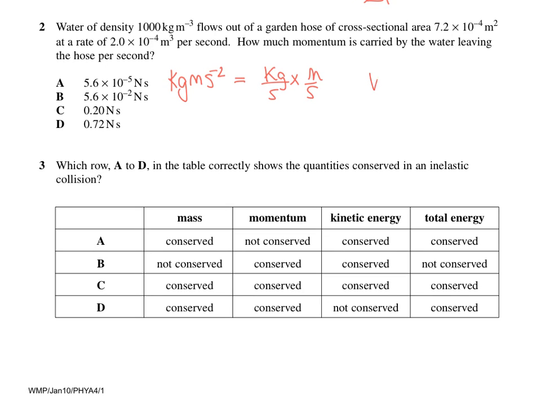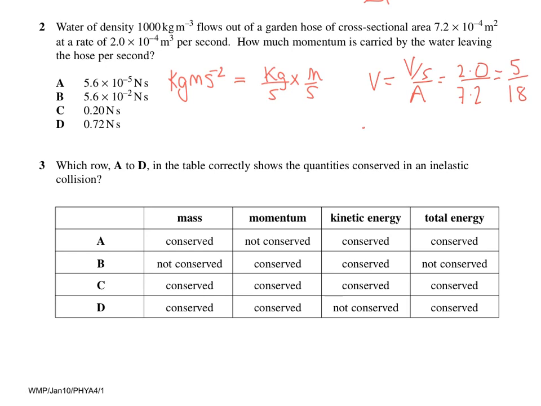We're going to get the velocity by doing the volume per second divided by the area, which is going to give you 2 over 7.2 because they're both multiplied by 10 to the minus 4. Let's keep that as a fraction, which would give you 5 over 18.